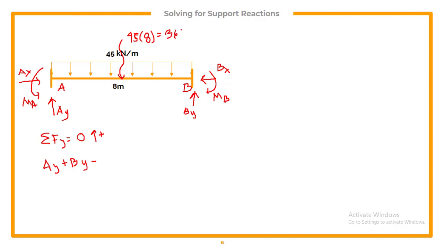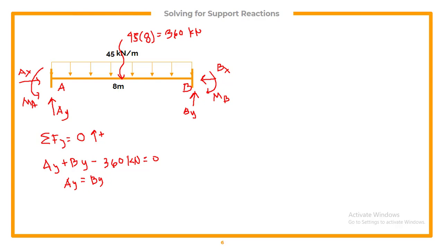So AY plus BY minus 360 kilonewton equals 0. AY is equal to BY.